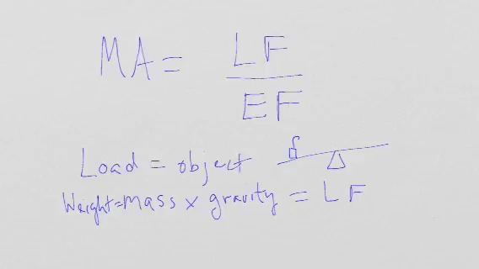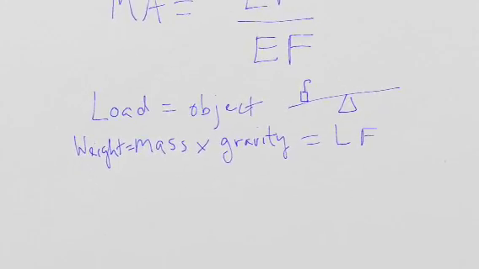So if you can calculate the load force of any object, all you've got to do is figure out its weight. If that little mass over there is a 200-gram mass, 200 grams, we know that to calculate the weight of something, which is a force, right? Force is equal to the mass of the object times gravity.